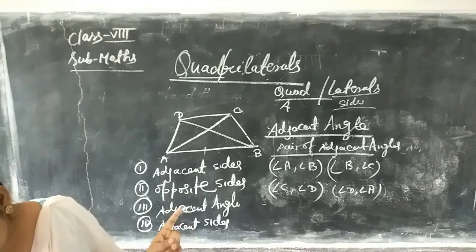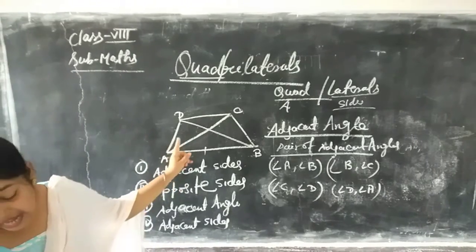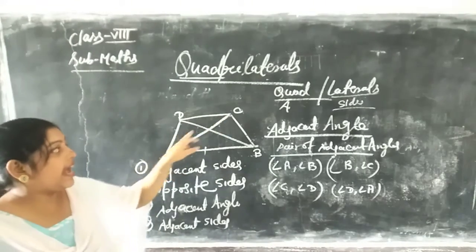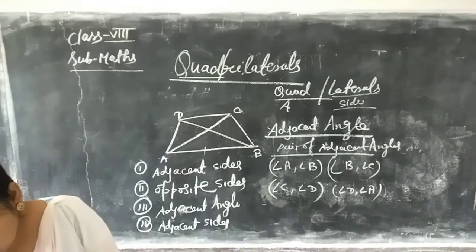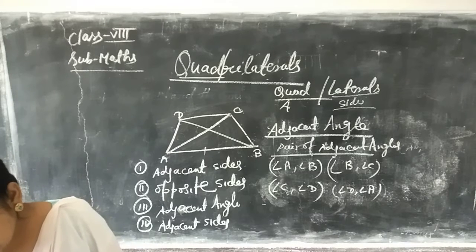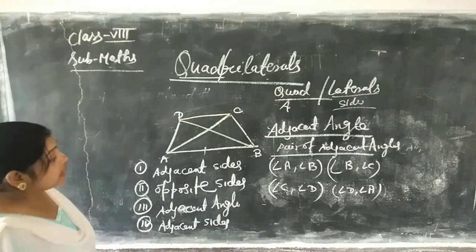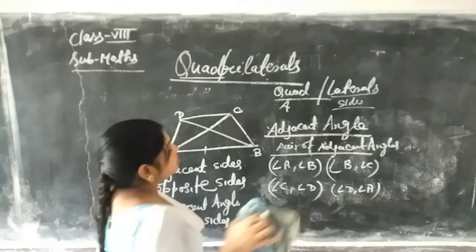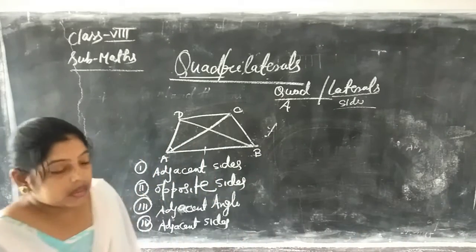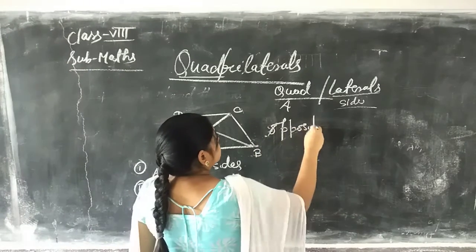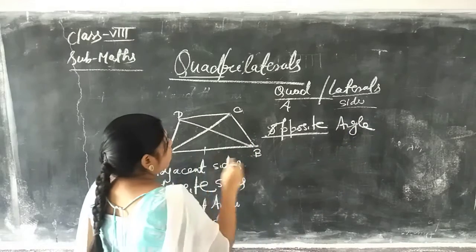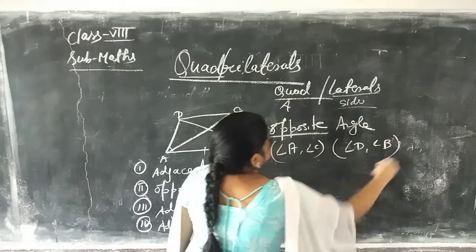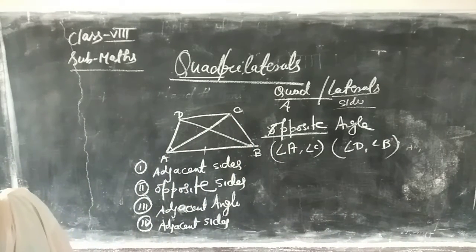Next is the opposite angles of a quadrilateral. Two angles of a quadrilateral which are not adjacent are known as opposite angles, like angle A and angle C. Opposite angles means there is no common side and no common arm: angle A and angle C, and angle D and angle B. So these are the opposite angles.